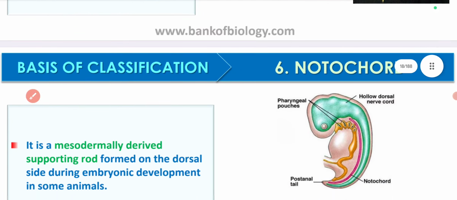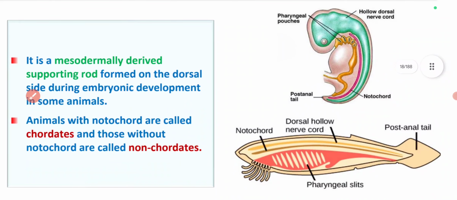Next, notochord. It is a mesodermally derived supporting rod formed on the dorsal side during embryonic development in some animals. So notochord is derived from mesoderm.